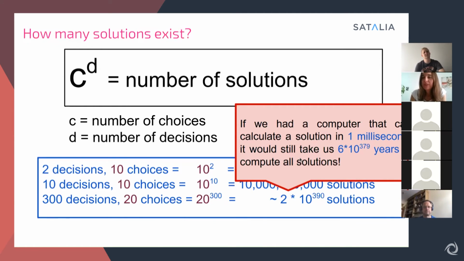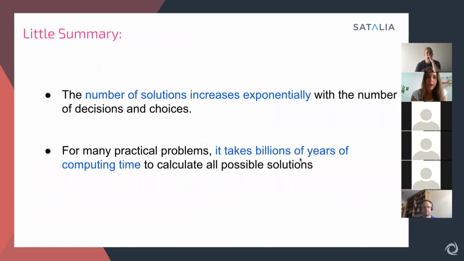So it takes a very long time to compute all of those solutions, and this is a big problem. To summarize, the number of solutions increases exponentially with the number of decisions and choices, and for most practical problems, we just don't have the time to calculate them all.